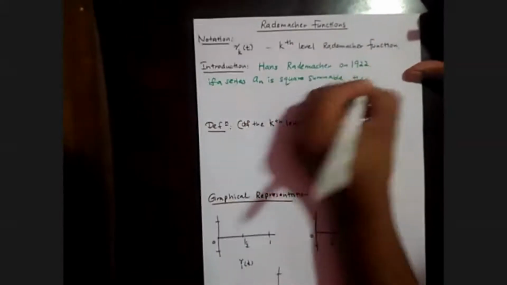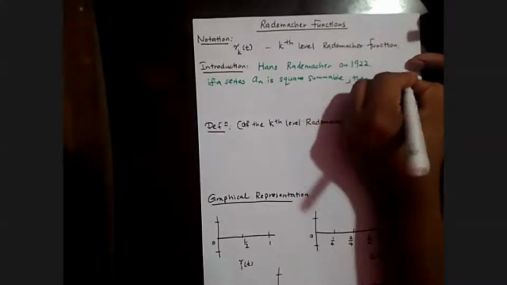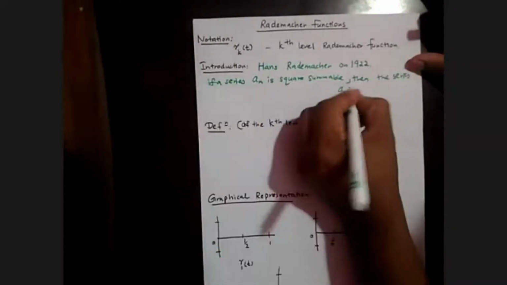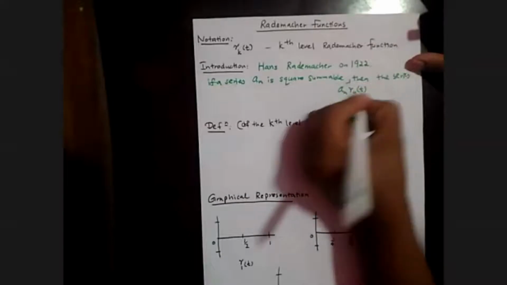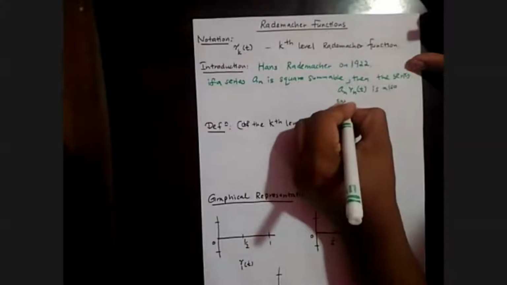then the series sigma a_n R_n of t is also summable for almost every t on [0, 1].